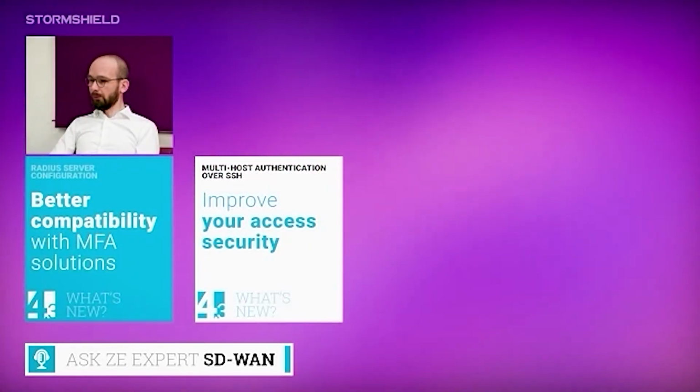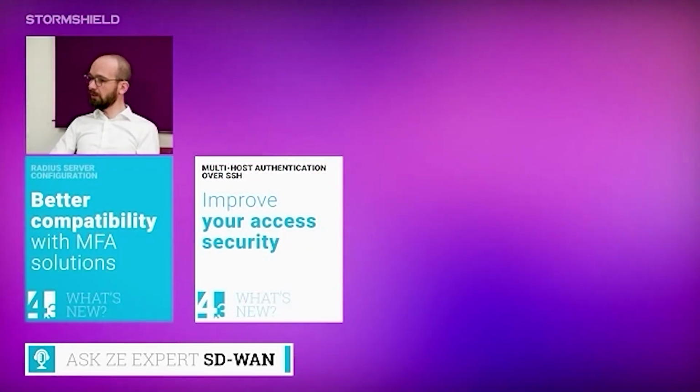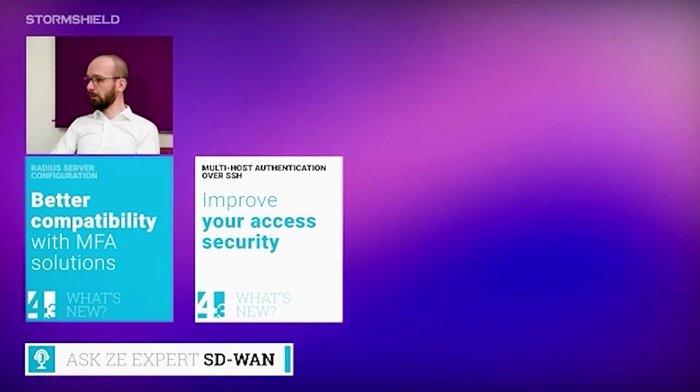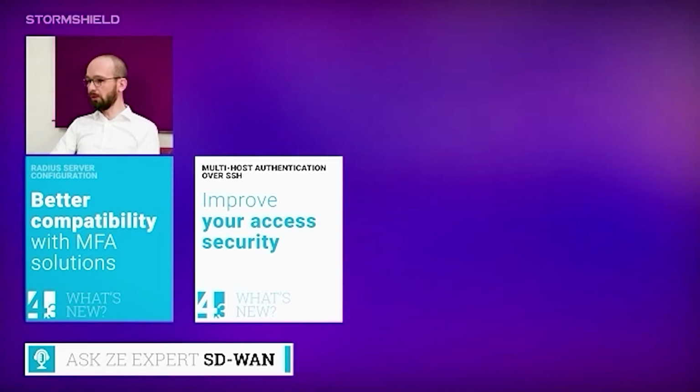Okay. So if we move on to the next small feature present in SNS 4.3, that's an administration feature. We improve the authentication on the SSH and console. In the current version, only the superadmin can connect to the SSH and console.